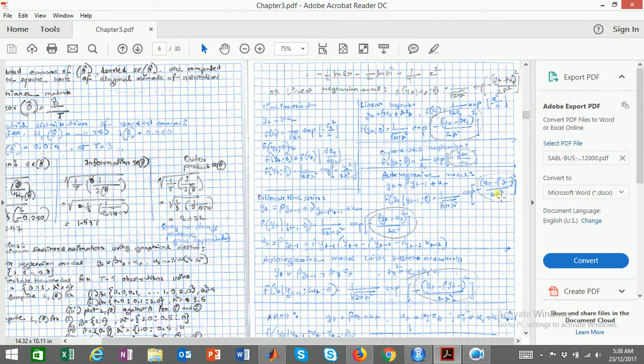For autoregressive it is (y_t minus rho times y_{t-1}) whole squared divided by sigma squared, so in place of beta x_t we are putting rho y_{t-1}. Then there is the bilinear time series model.